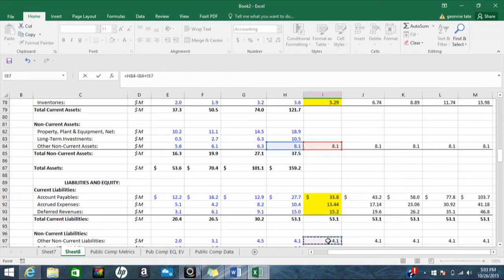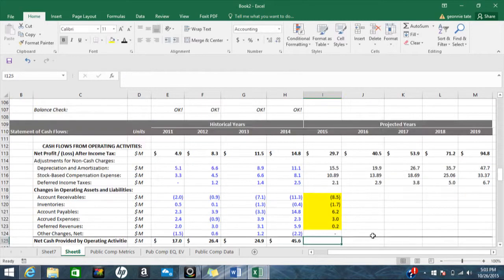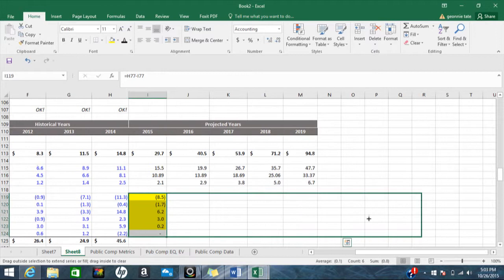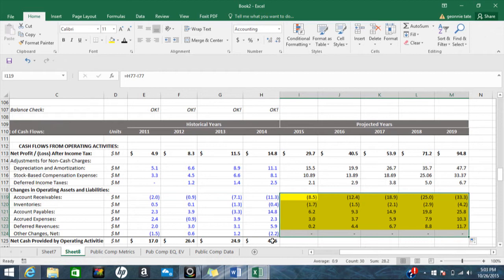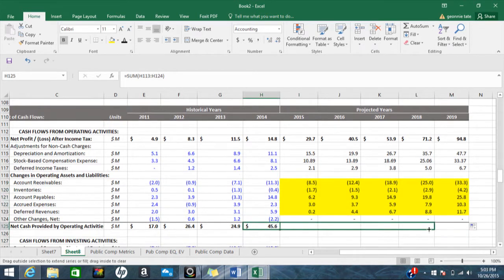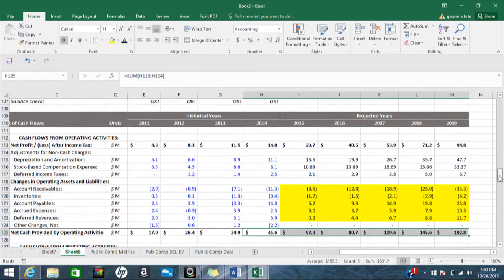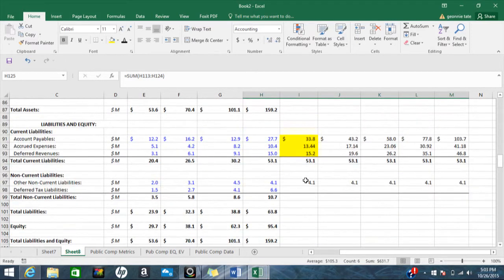We'll take the current minus the previous. 0 there. And I can copy all these formulas across. And I can sum all of these now. Make sure that I highlight these.